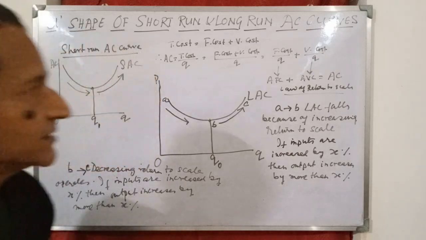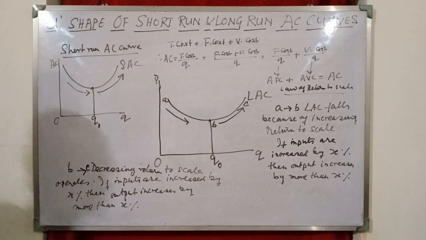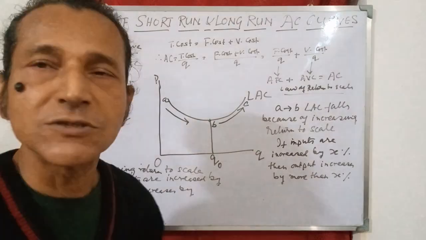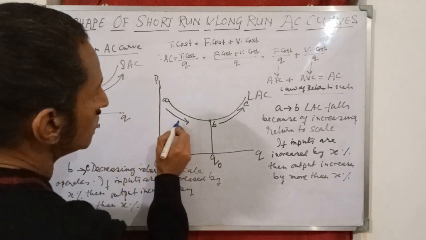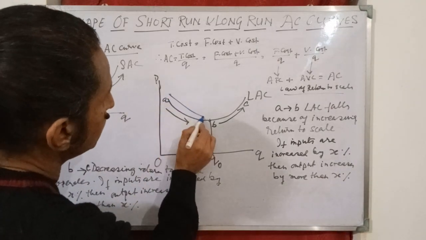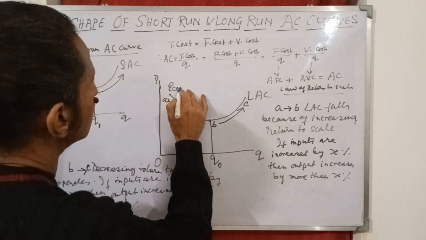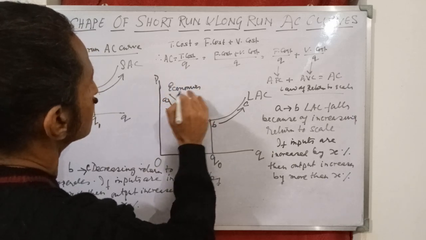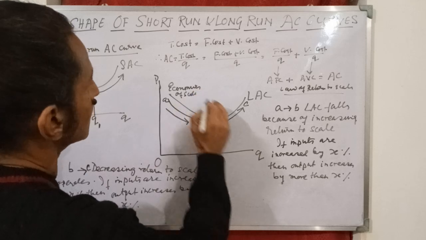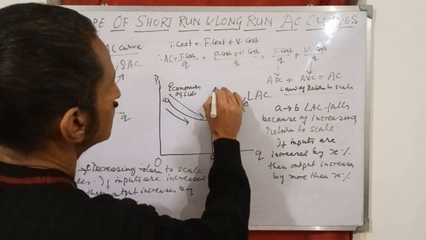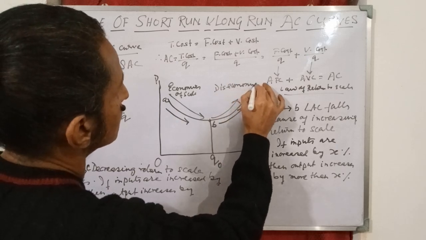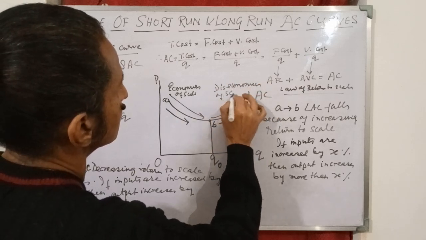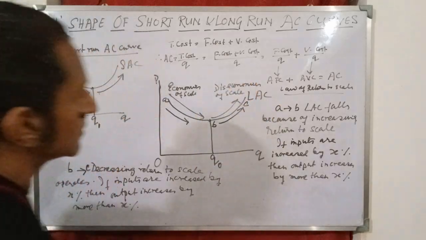Now, why do this increase in return to all the factors, or increase in return to scale and decrease in return to scale appear? Because of economies and diseconomies of scale. From A to B, this is economies of scale, and B to C, diseconomies of scale. Correct?